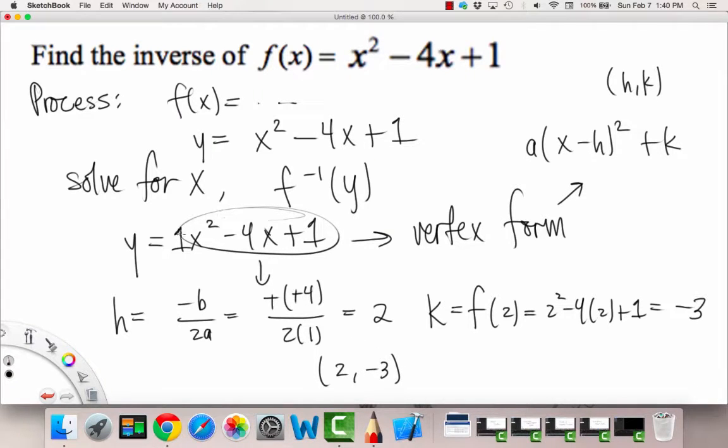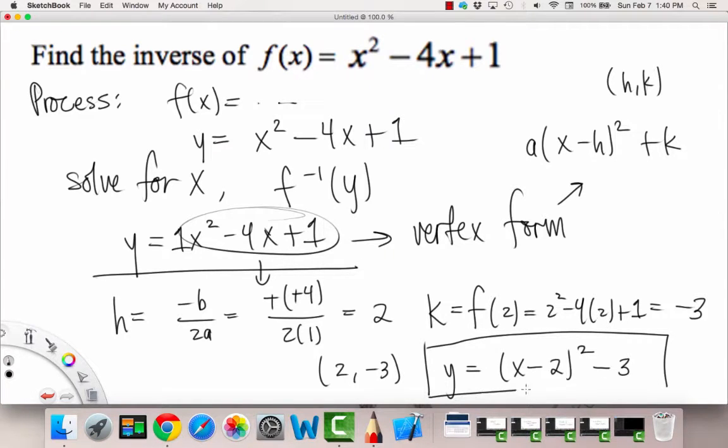Our coefficient in front of x squared is just 1, so a is equal to 1, and our vertex form gives us y is equal to 1 times x minus 2, squared, plus negative 3, which means minus 3. I just transformed this equation into vertex form so we can work with it more easily. Let's continue on the next slide.